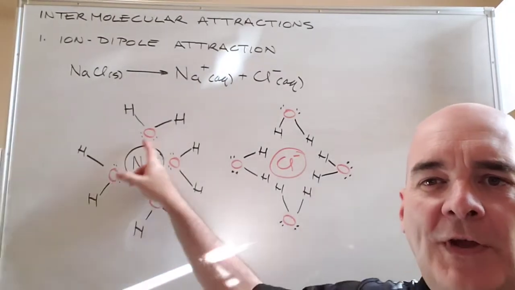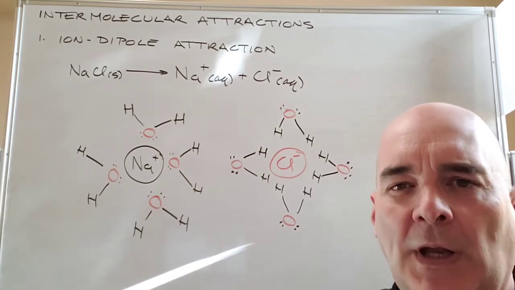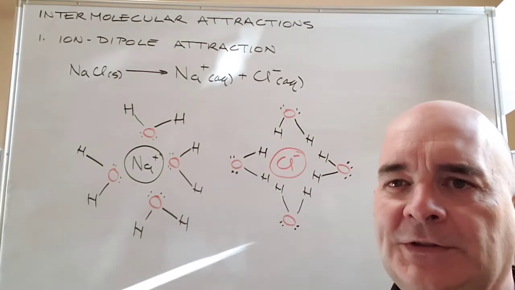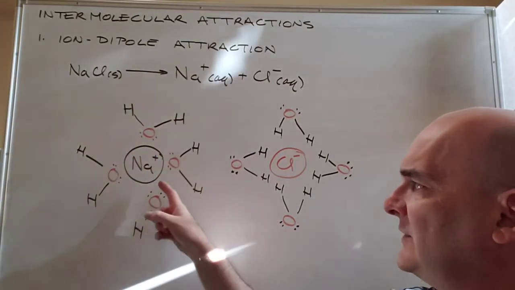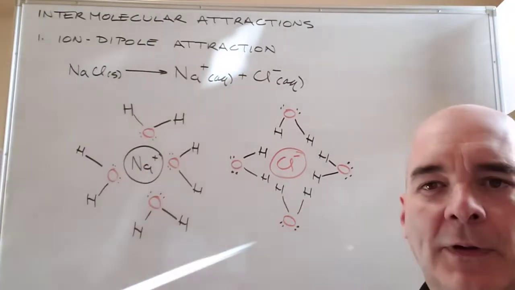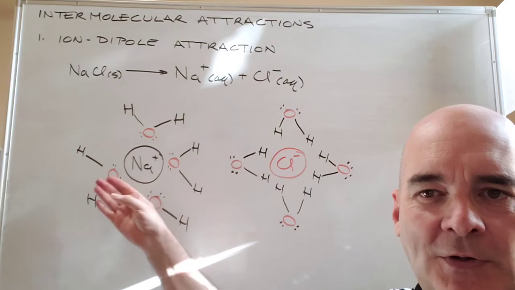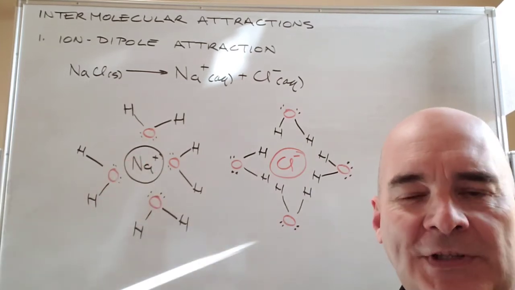This is called a solvation sphere, and part of the way that ionics dissolve in water is that the water facilitates the ions being separated, because the water itself can put its positive or its negative end towards the ions. It helps them separate.